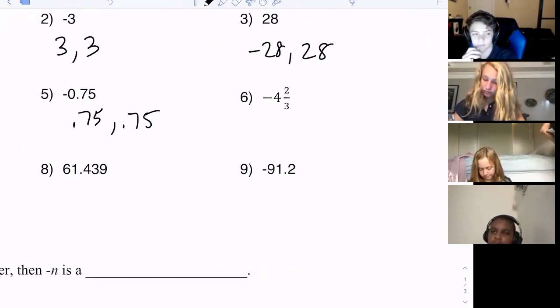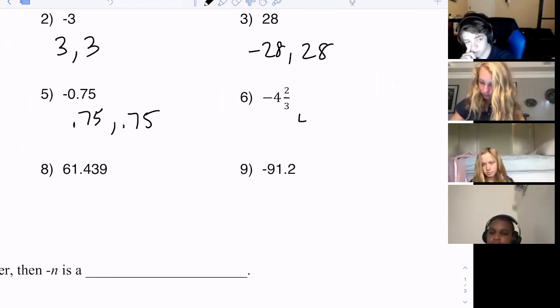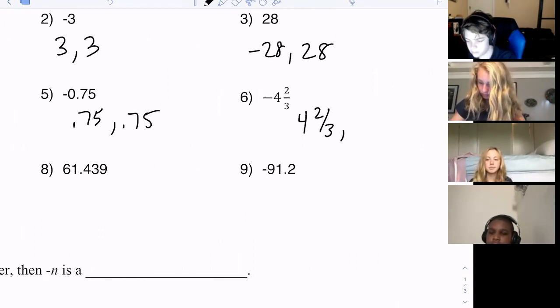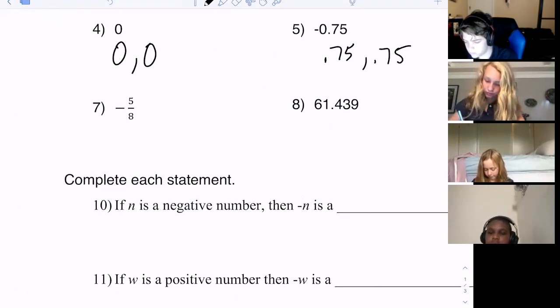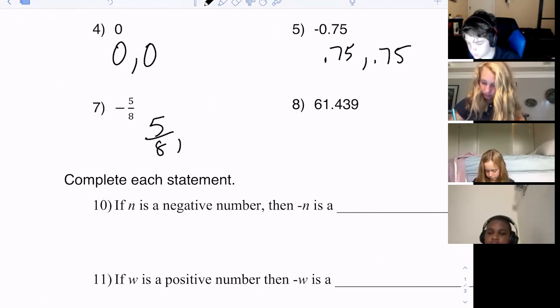All right. Which brings me up here. Sienna. Yes. 4 2/3 and 4 2/3. Perfect. Number 7. 5/8 and 5/8. Yeah, 5/8 and 5/8. Brilliant.